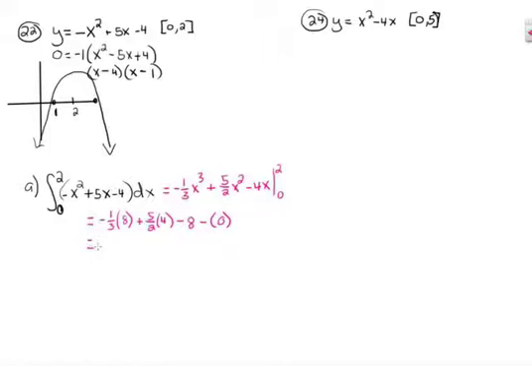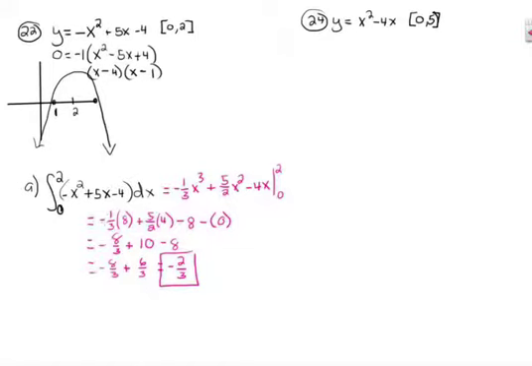So I get negative 8/3. 2 reduces the 4 to 2, so I get plus 10 minus 8. So that gives me negative 8/3 plus 2, which I'll write as 6/3. So I get an answer of negative 2/3.